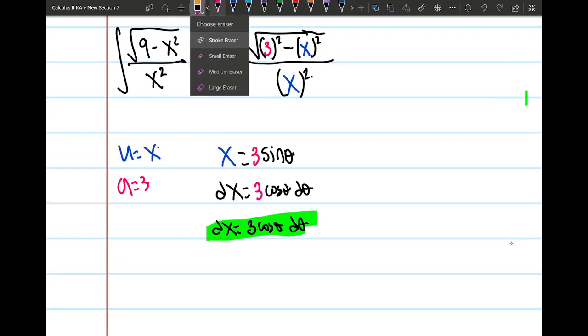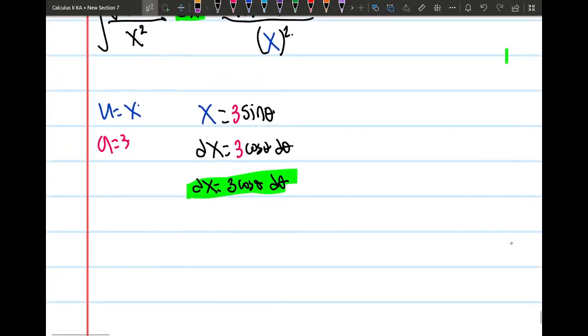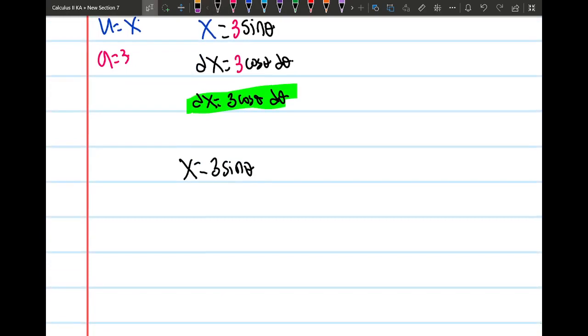So let's rewrite our stuff here without color coding it. We had x equals 3 sine theta, right? And then we also had dx is 3 cosine theta d theta. So that's basically this stuff.